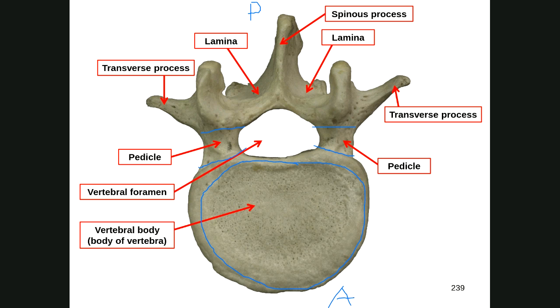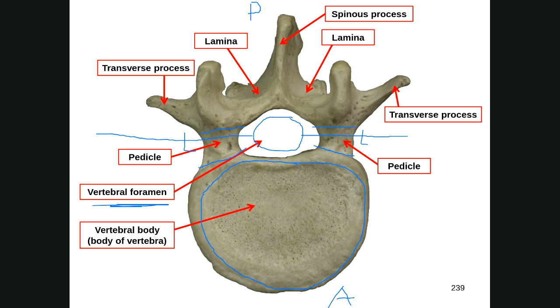So the pedicle makes up the lateral boundary to your vertebral foramen. The vertebral foramen is this hole here in the middle. That's where the spinal cord is. All right, and then the spinal cord gives off what's called the spinal nerve, and that's what leaves your spinal cord and goes out to your body. So the pedicle makes up the floor of that area there.